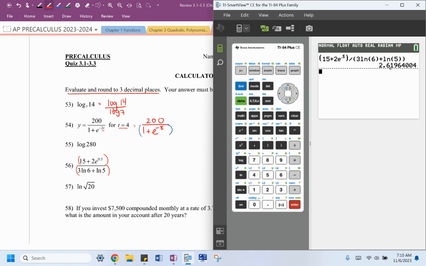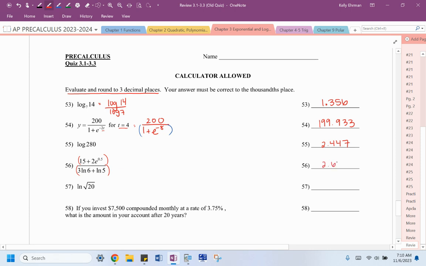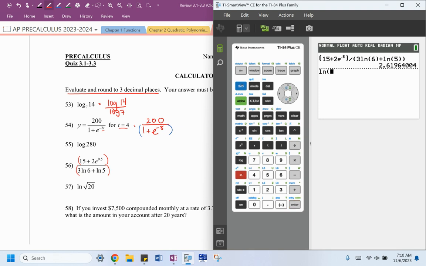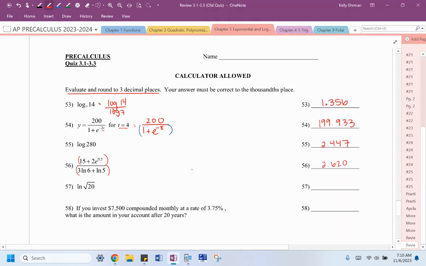This 619 would round up to 620, so 2.620. Natural log of the square root of 20. 1.498.